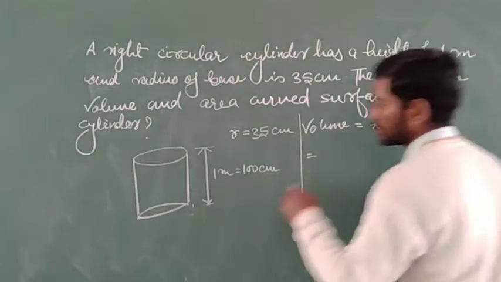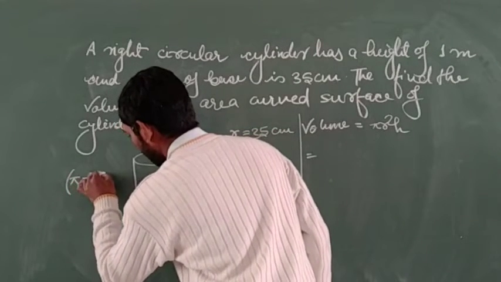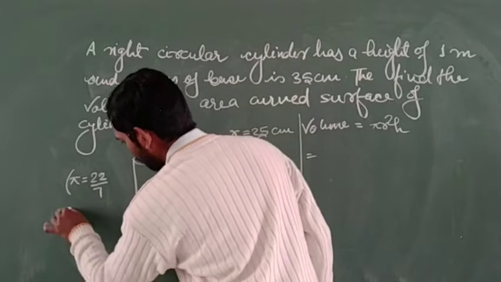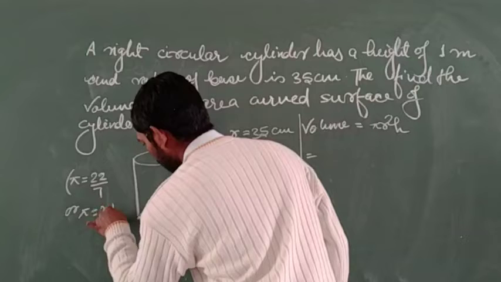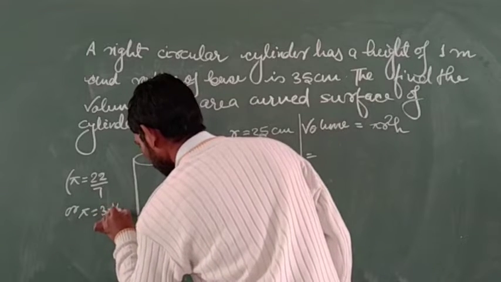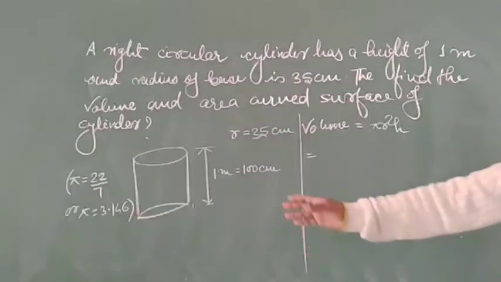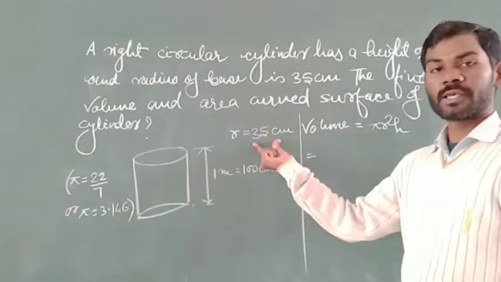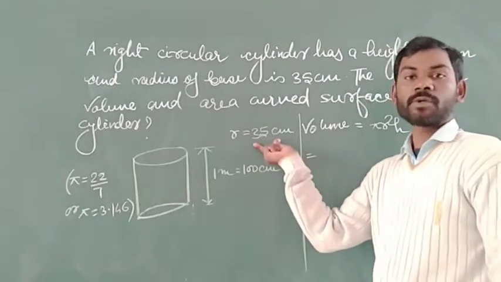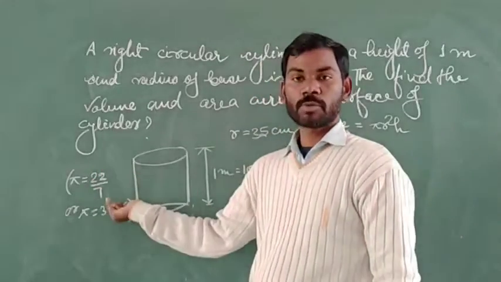The value of pi can be taken as 22/7, or we can take the value of pi as 3.146. Okay, we can use any of them. Since here the radius is a multiple of 7, we write 22/7.